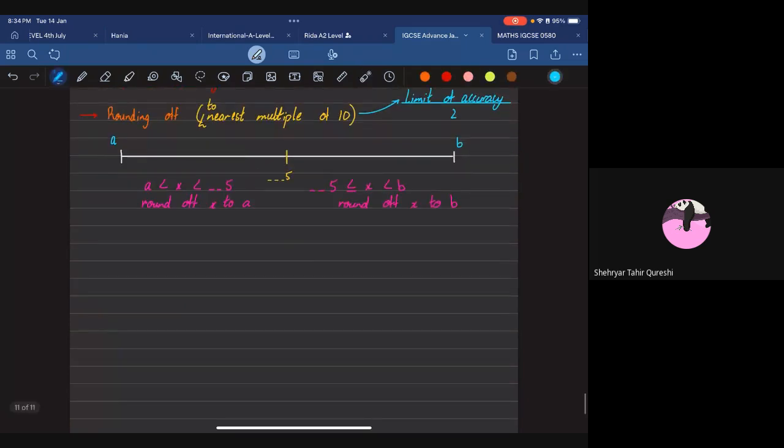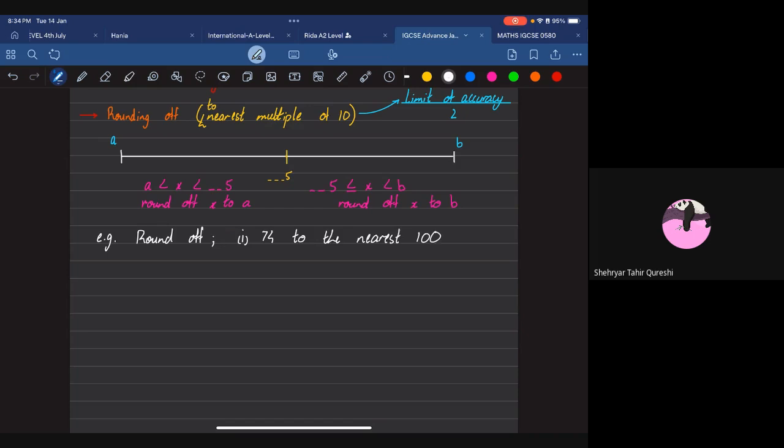Like, for example, extremely easy. Let's just say 74, or you can say round off 74 to the nearest 100.